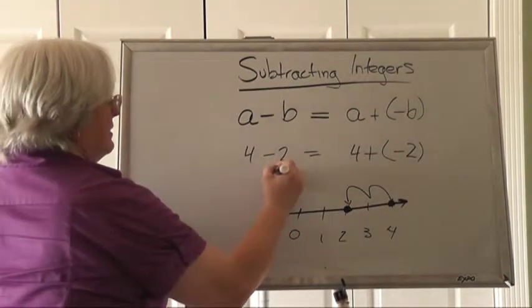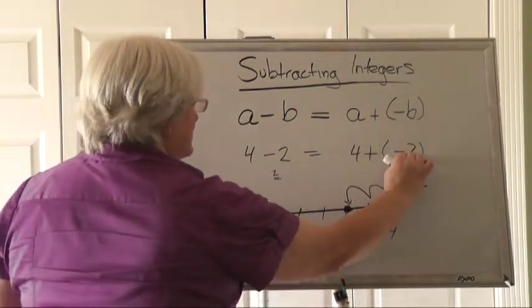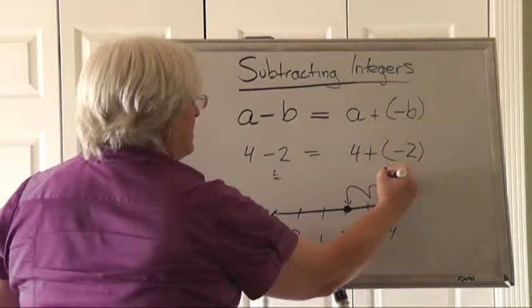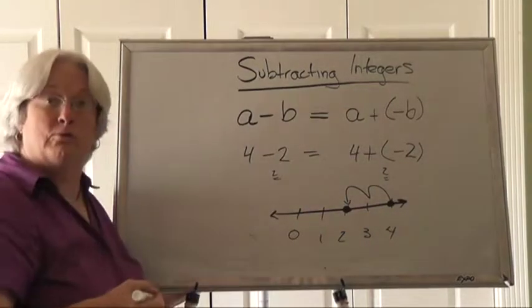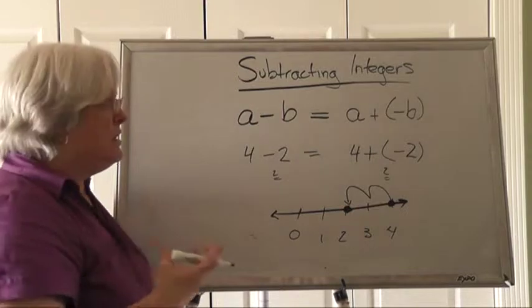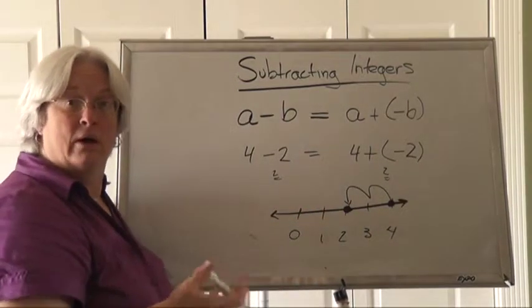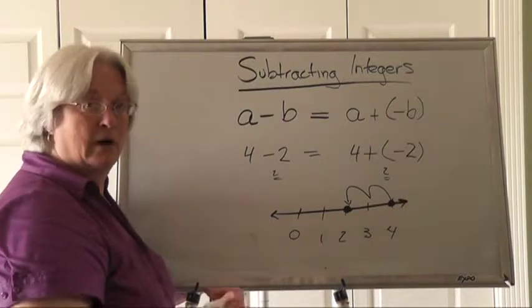So whether you say 4 minus 2 is 2, or 4 plus a negative 2 is 2, you've arrived at the same value.